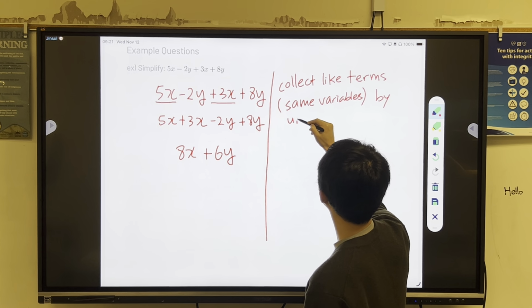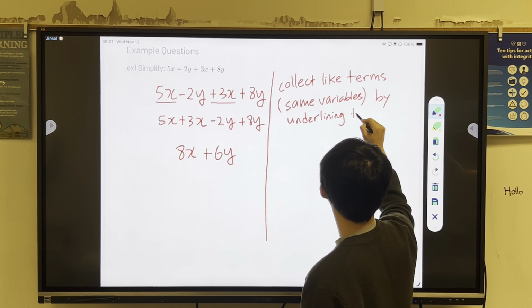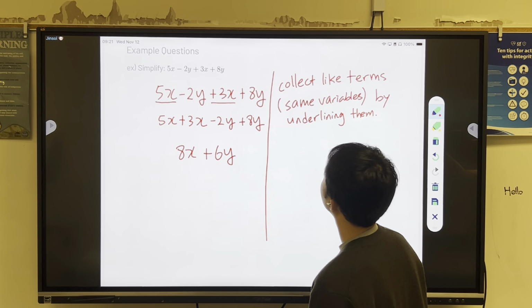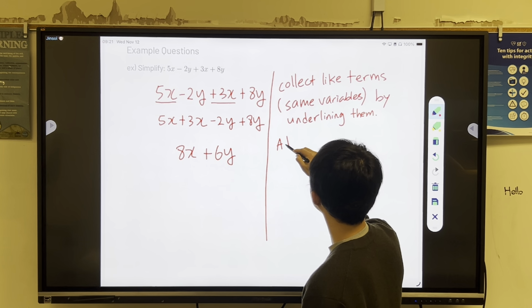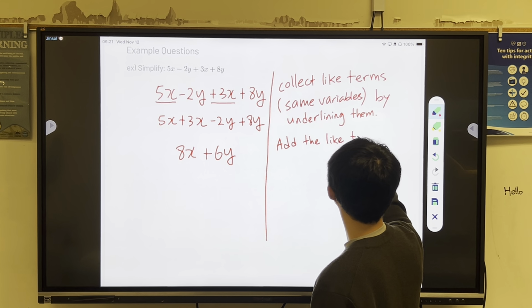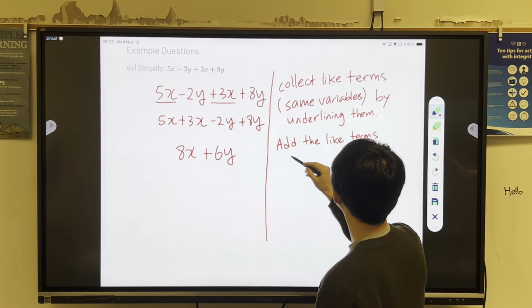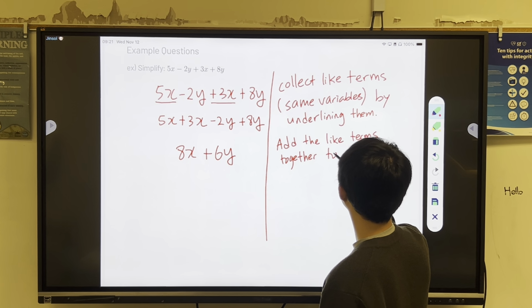By underline. And then add the like terms together. To simplify.